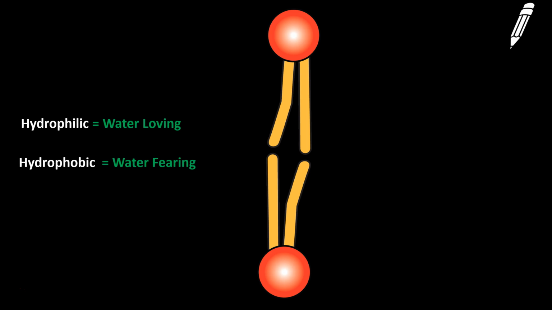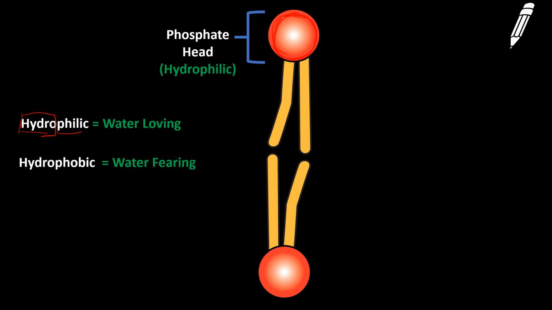On each phospholipid, there's 2 portions. There's a hydrophilic end. And hydro, what does hydro mean? Hydro is referring to water. And philic means loving. So there's one end that's hydrophilic or water-loving. And there's another end that's hydrophobic or water-fearing. So this head portion, this top portion, we call those the phosphate heads.